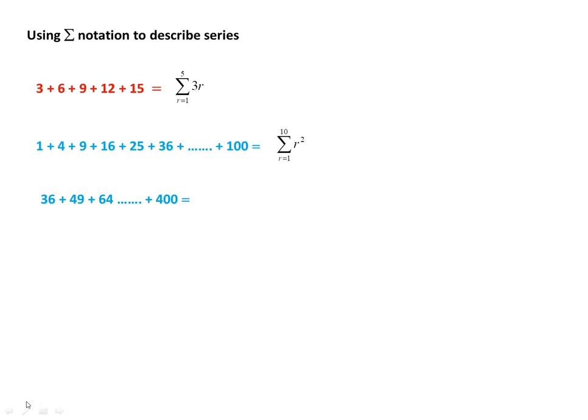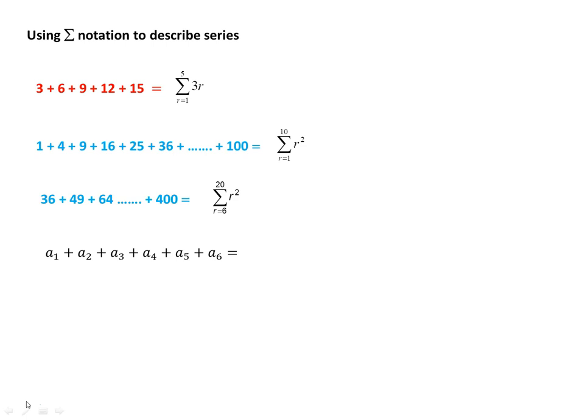If we've got 36 plus 49 plus 64 all the way up to 400 as our series, then we can see that is the sum between r equals 6 and r equals 20 of r squared. If we've got A1 plus A2 plus A3 plus A4 plus A5 plus A6, then that's the sum of the first 6 numbers of a sequence.